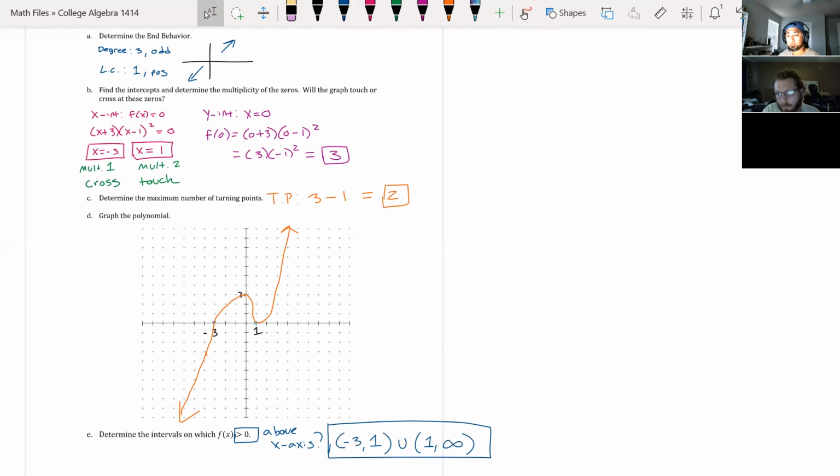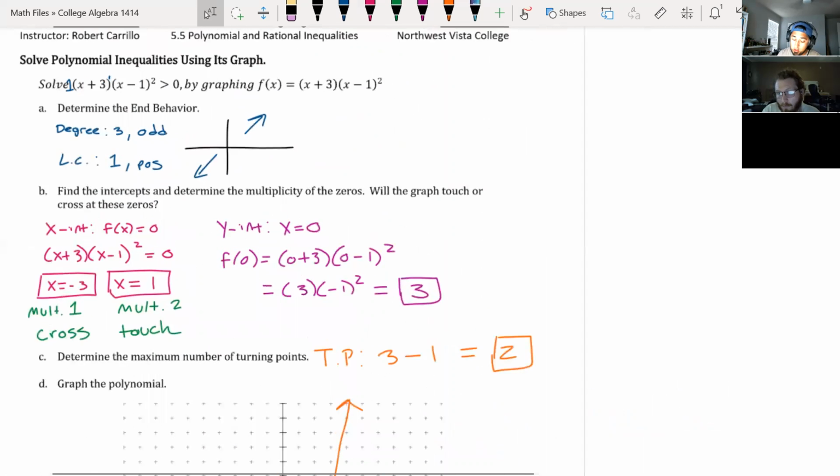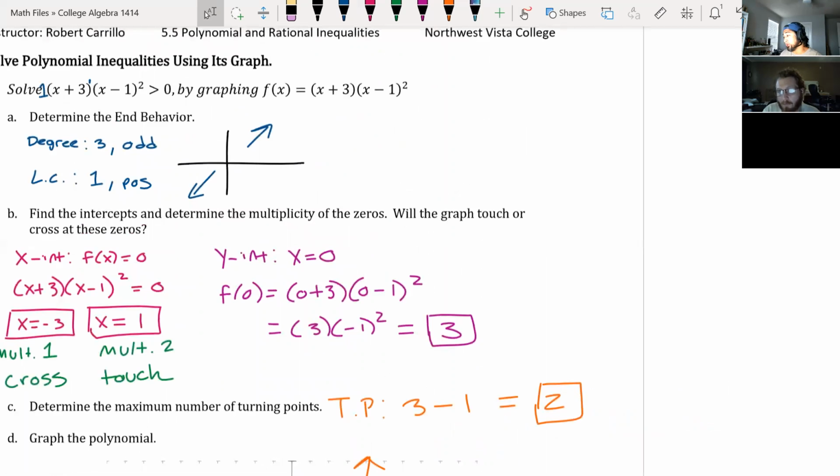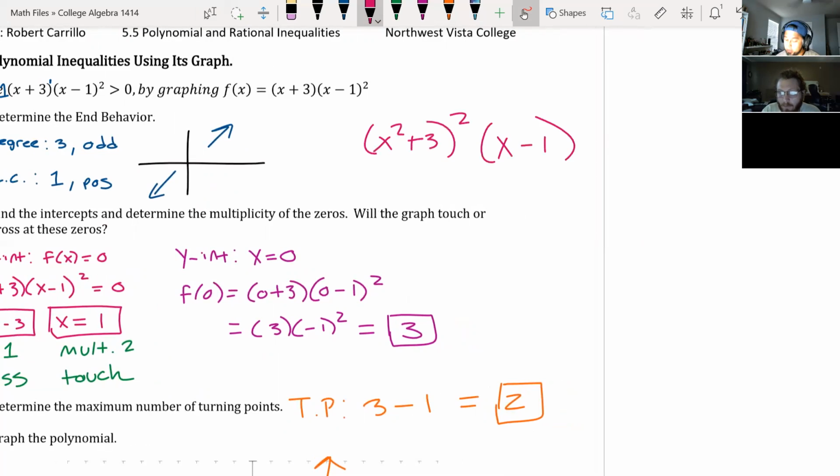So when we determine the degrees in the first step A, we do not count the degrees of the individual x's inside the parentheses, correct? You would. That's a good question. You would, depending on the given function. Like, let's say this was x squared plus 3 squared, and then you had x minus 1. What would the total degree of this be? x to the 4th.